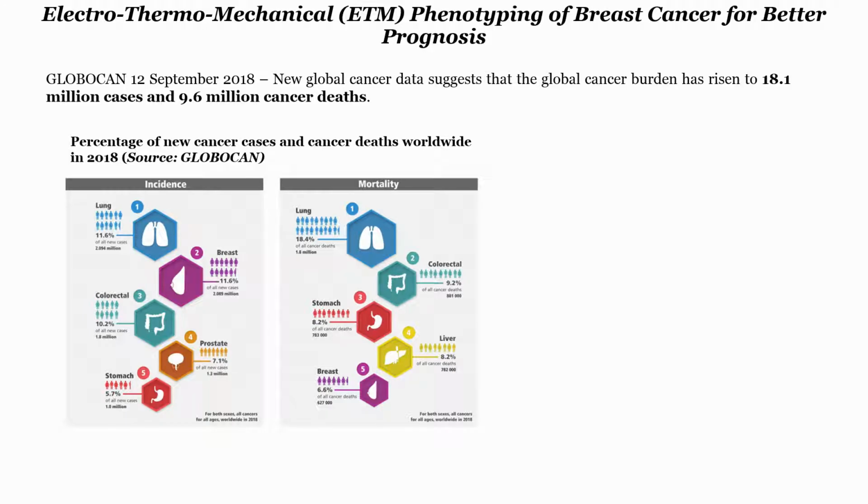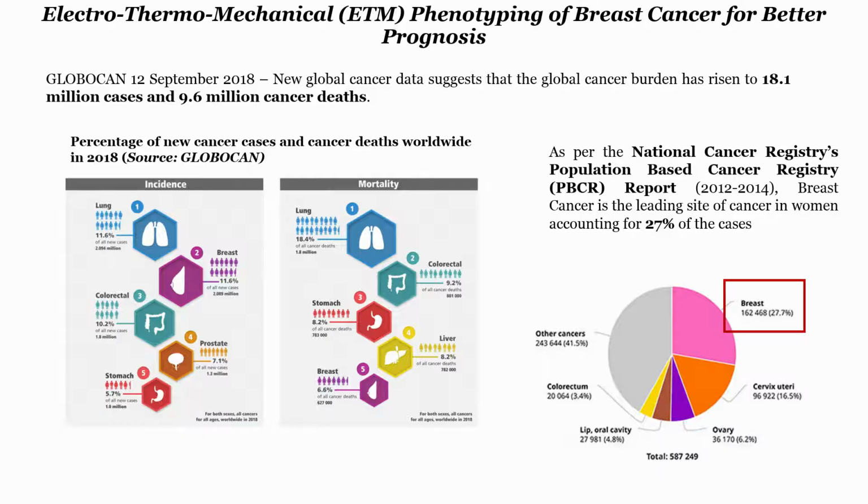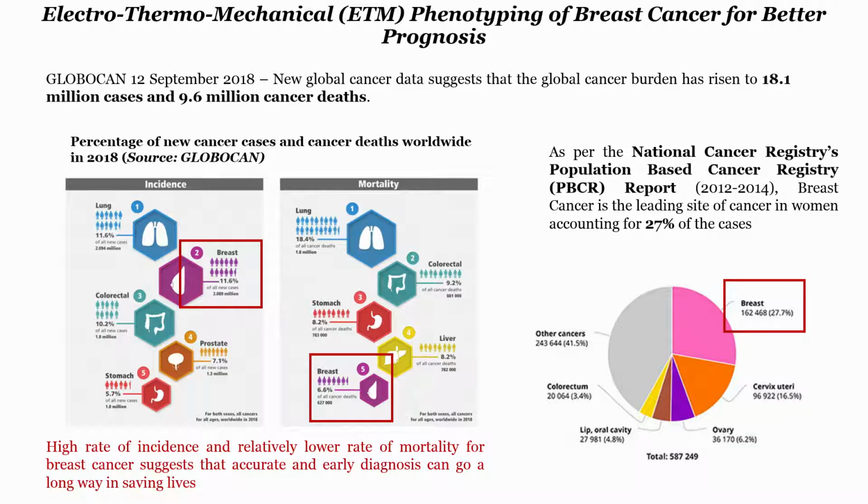But if you see, the overall burden is huge. So, what we can see is that breast cancer is a leading site of cancer in women, accounting for 27% of the cases, and that is why it is a very important problem to address and to find a solution for.